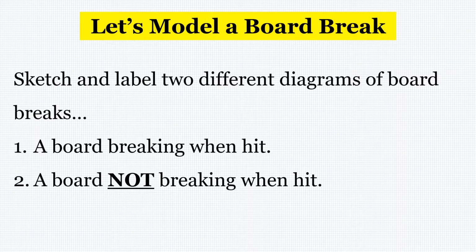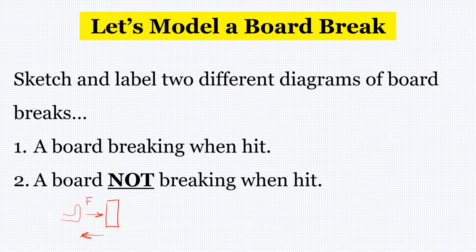So the next thing I had students do was sketch and label two different diagrams of a board break. I'm not a very good artist, so here's my hand coming into the board right here. If the board's breaking, the amount of force from my hand is going to be greater than the amount of force that the board is pushing back with.